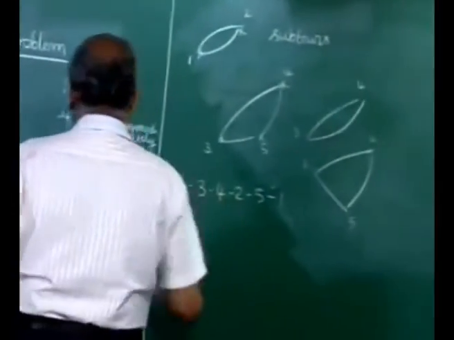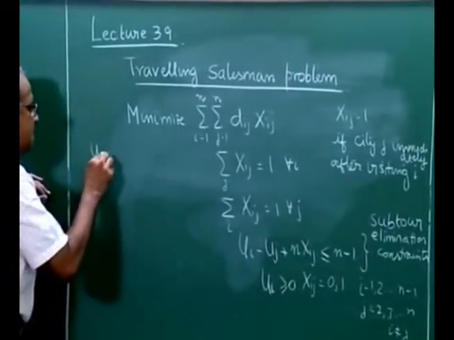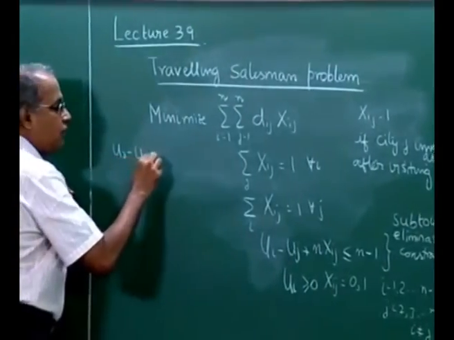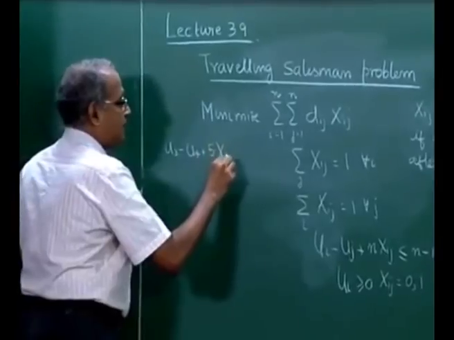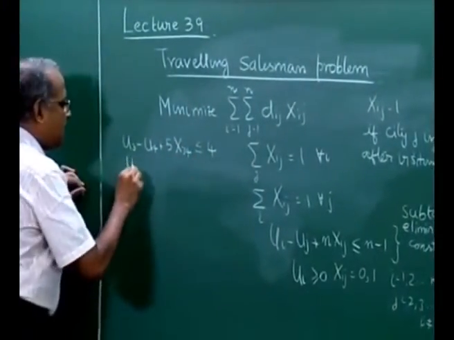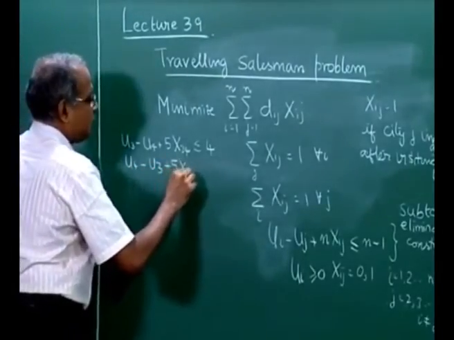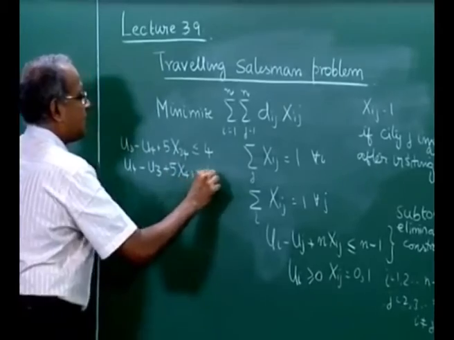So a subtour 3 to 4 will be eliminated here because there will be a constraint which will say u3 minus u4 plus 5x34 is less than or equal to 4, and u4 minus u3 plus 5x43 less than or equal to 4.